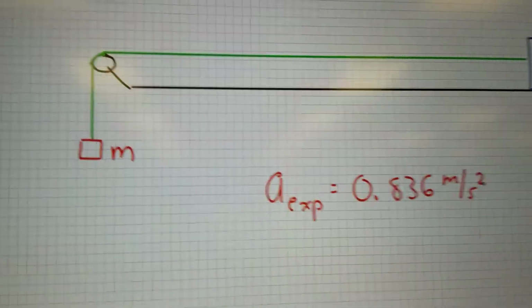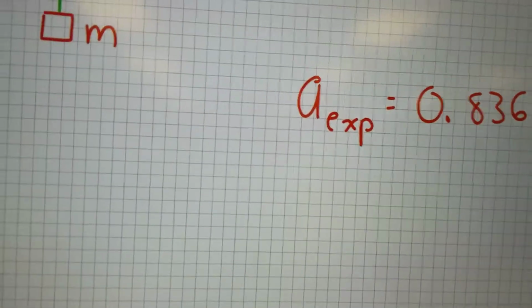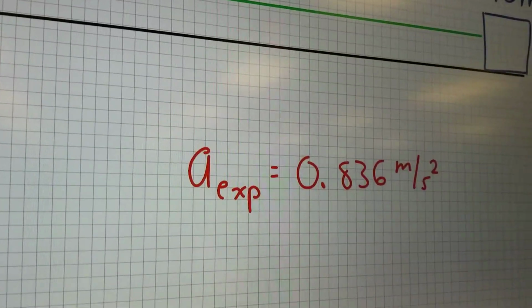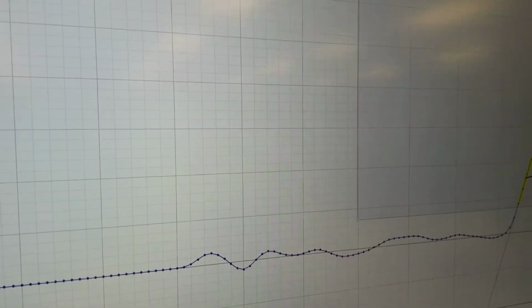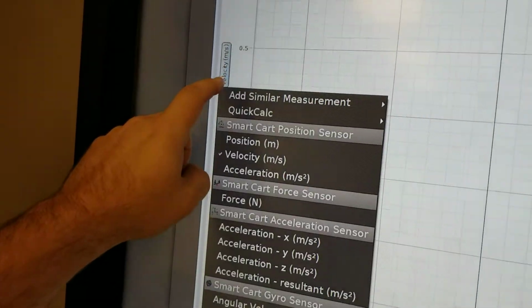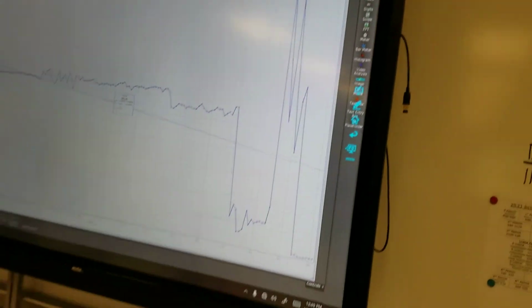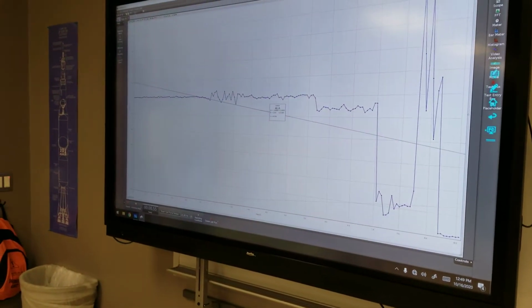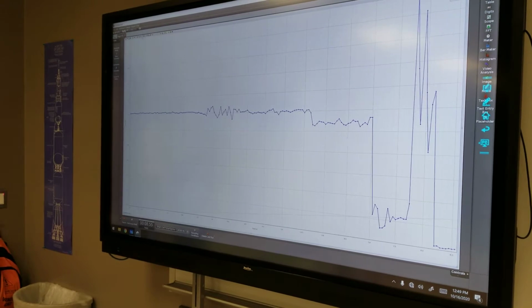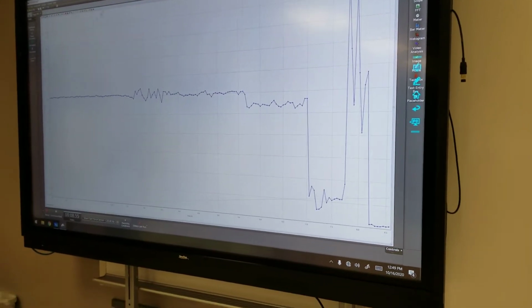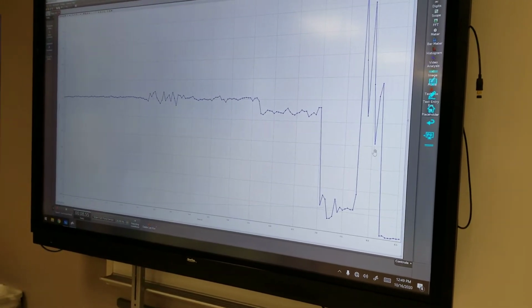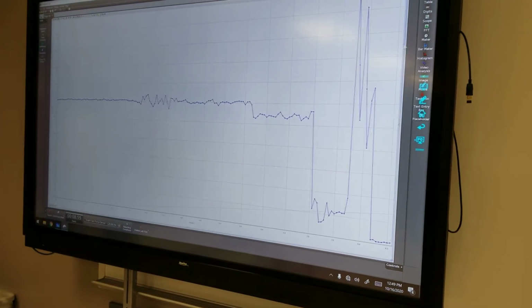The next thing that I would like to look at with y'all is the force. So I'm going to go back to the Capstone program, and change this from a velocity graph to a graph of force versus time. Let me get rid of that linear fit real quick. This one looks kind of crazy, but all this craziness over here at the end was when I caught it.